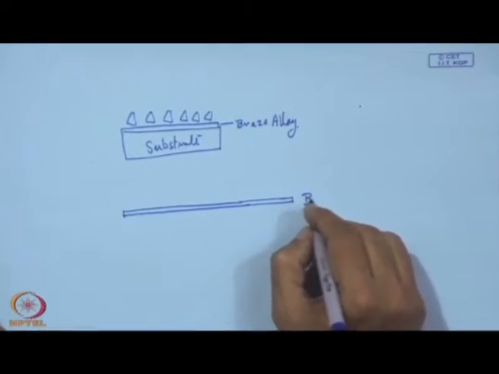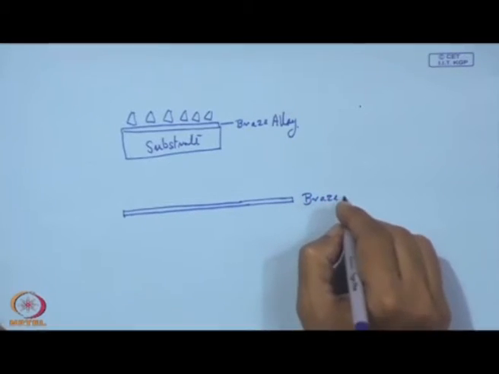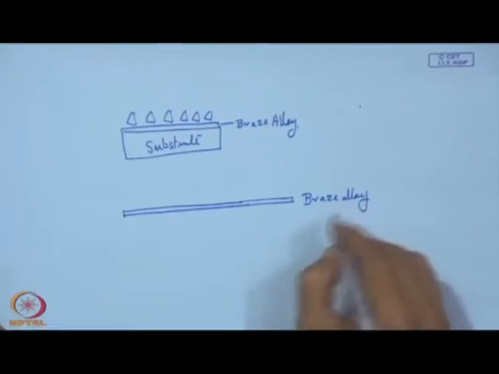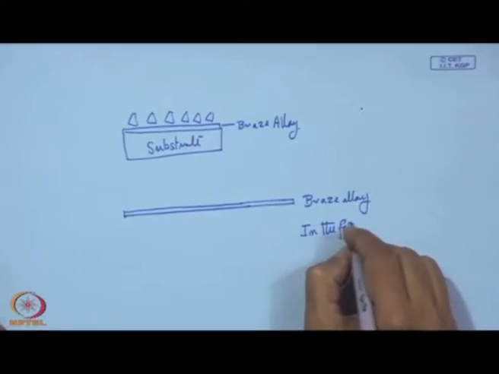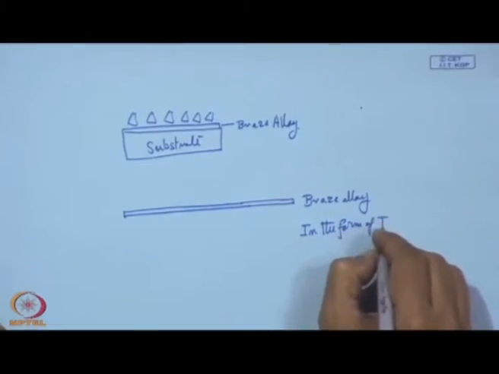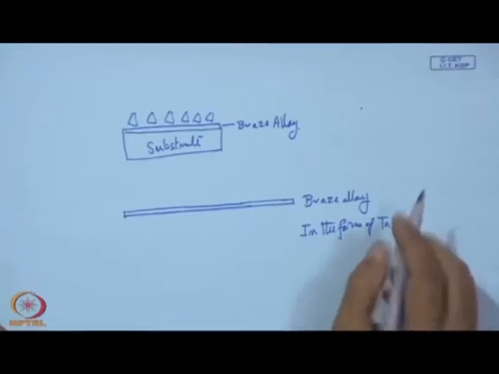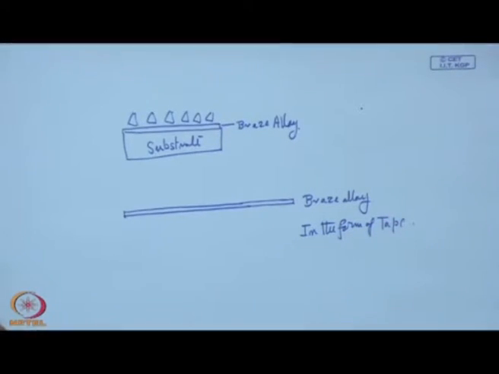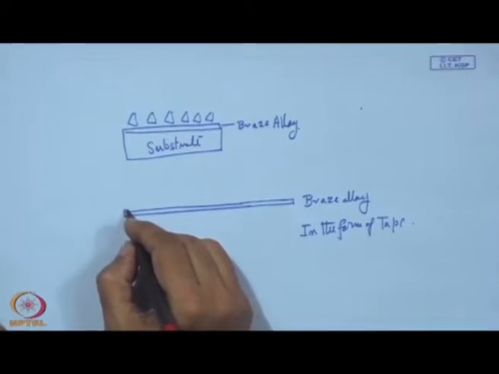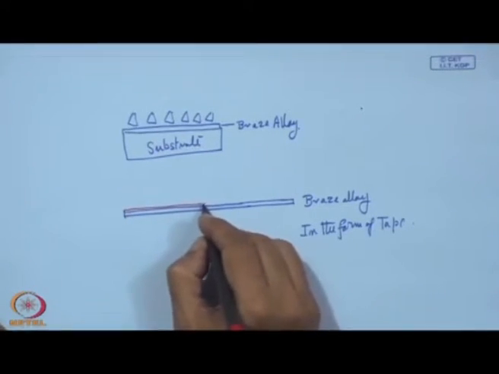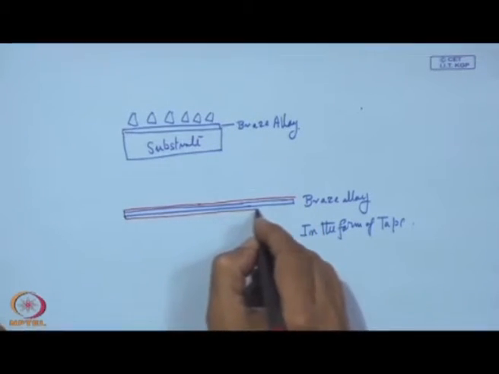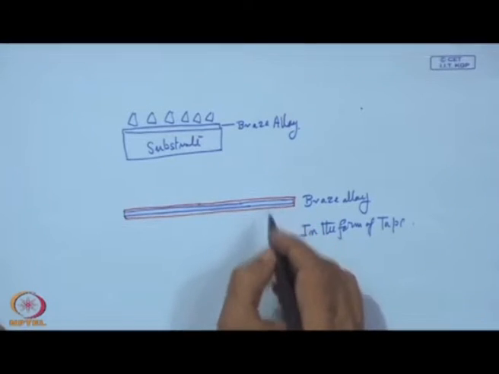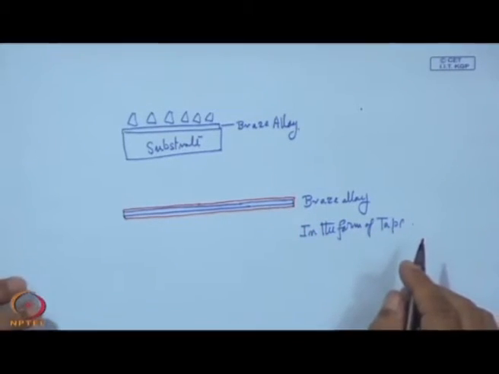So, it is actually braze alloy in the form of a tape, and it can be an adhesive tape too. In this adhesive tape we have adhesive material on both surfaces. This is one surface and this is one surface.